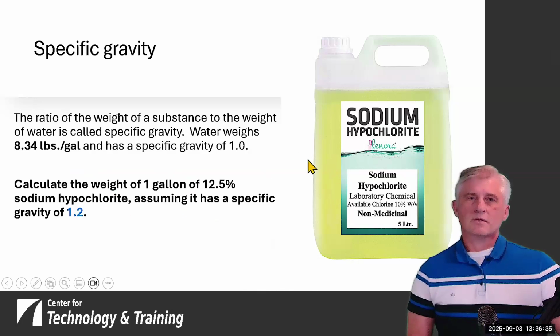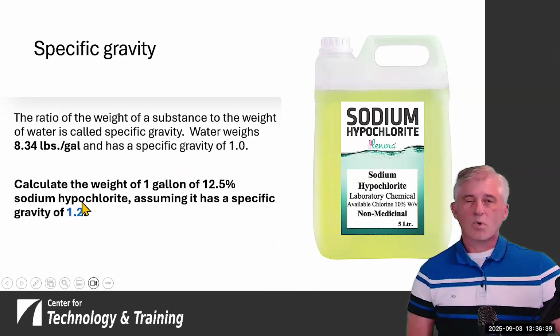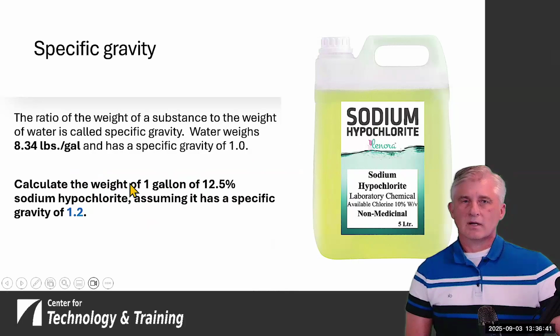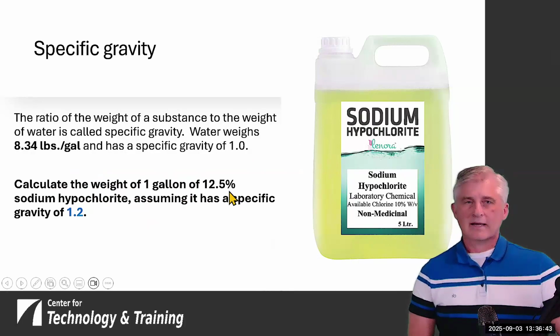Sodium hypochlorite, or liquid chlorine, weighs more than water does. A common strength of liquid chlorine is 12.5%. In that case, it has a specific gravity of 1.2, which means that it is heavier.